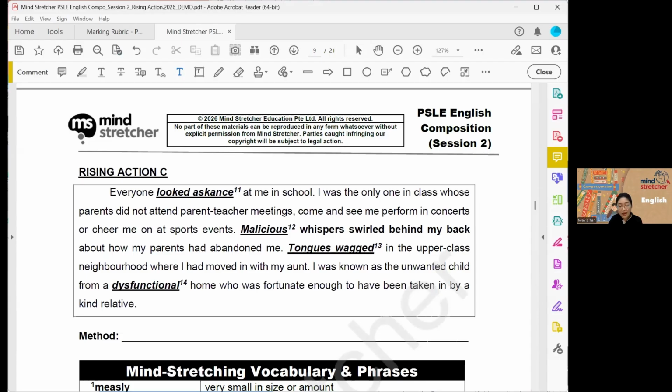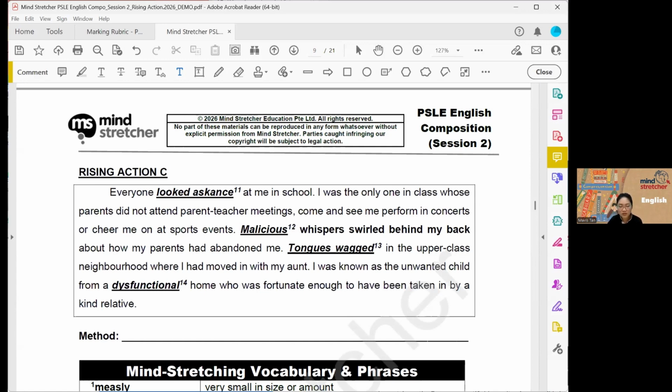In Singapore, we have certain areas where you see more expensive houses and so on. But I think it is not as stark as what we see in some other countries. Okay? So in this rising action, we just want to create a huge contrast. So we talk about upper class or people who are not so rich.